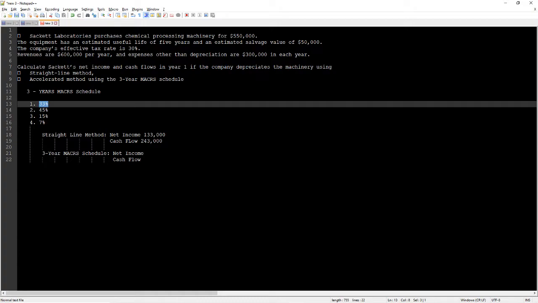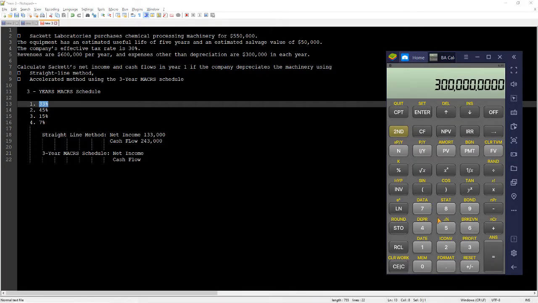Okay, so we're taking back our calculator. We're going to take the value of our asset, which is $550,000, and we're going to multiply that by 0.33. And we know that our depreciation of our asset for this year is $181,500. So we're going to store this in 2, and we're going to recall 1, and we're going to subtract it from recall 2, which is our depreciation.